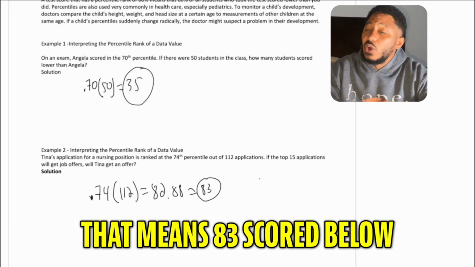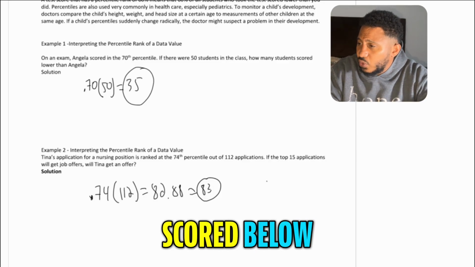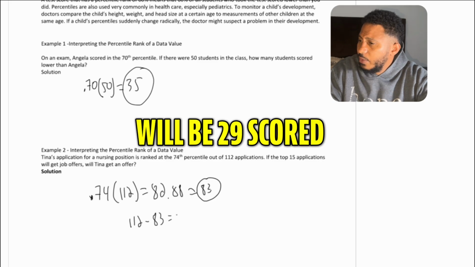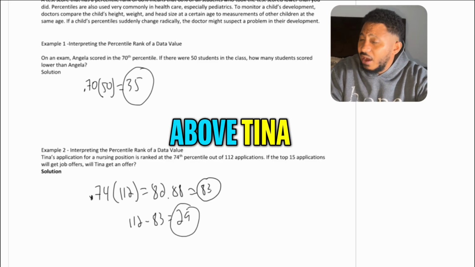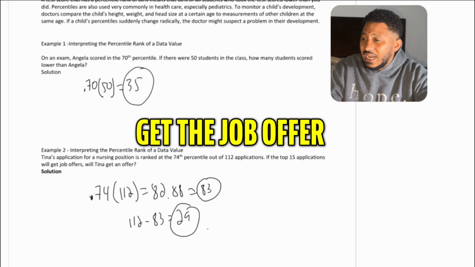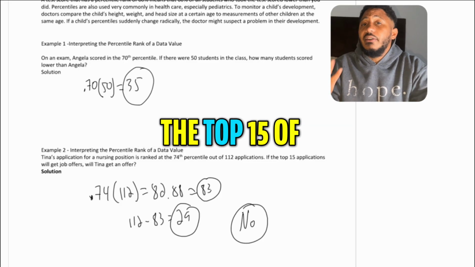Now, that means 83 scored below. Hold on a second. We need the top 15, which means if 83 scored below, then 112 minus 83 will be 29 scored above Tina. In other words, if the top 15 applicants get the job offer, then no. Tina is not in the top 15 of those applicants.